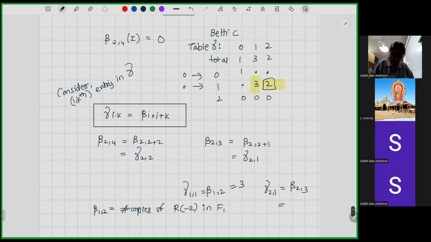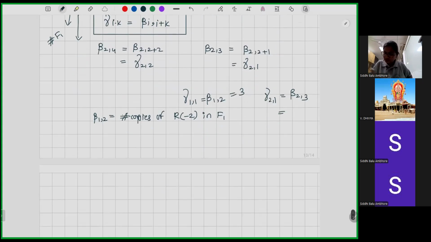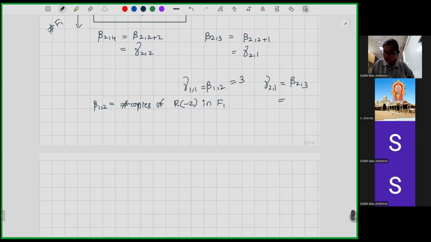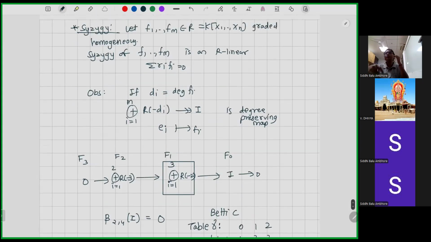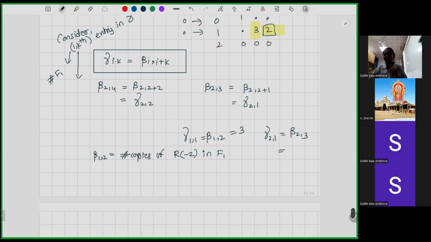In the ith entry, when I say this i, it is the number of Fi and k is the number of the row actually. So this is beta 2, 3. So in F2, the number of degree 3 components, that is 2 here. So I hope this is clear.